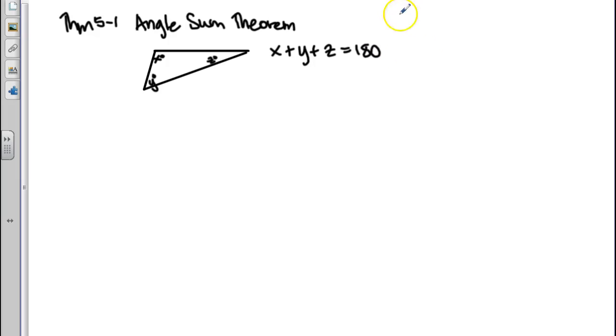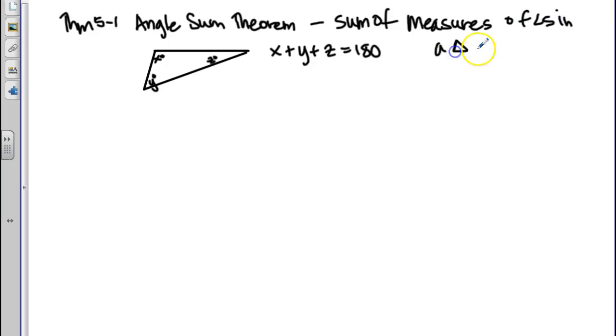So, angle sum theorem: the sum of the measures of the angles in a triangle is 180 degrees. All right, that's the first theorem. If you need to pause the video to write that down, please do.